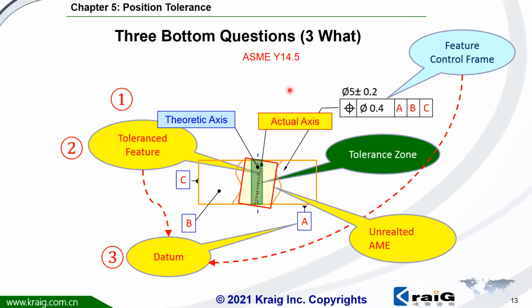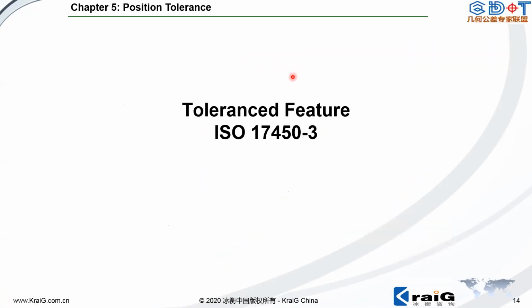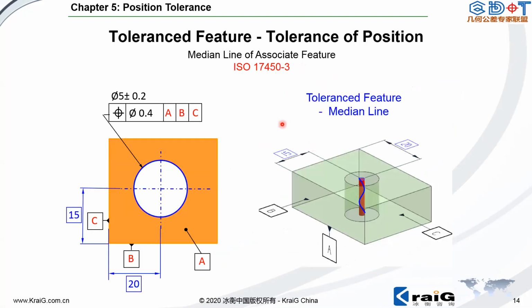All of this definition is based on ASME Y14.5. This is the definition of ASME. What about ISO GPS? ISO GPS has a different definition of tolerance feature according to ISO 17450-3. Let's have a look here.